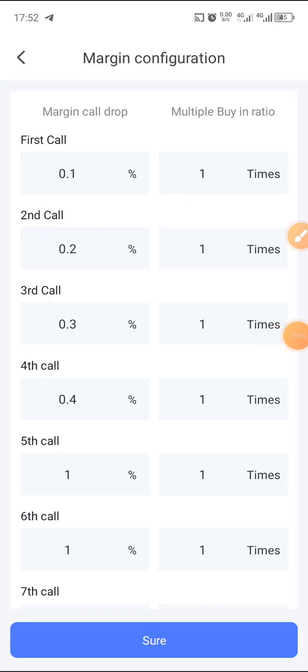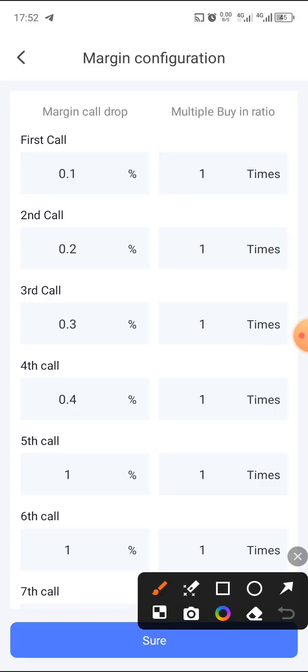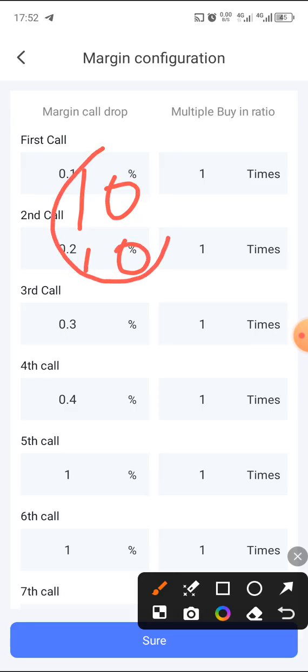I'm trying to look for the easiest way to distribute this 50. Like we can say that on margin call number 1 and margin call number 2, our robot will buy using $10. 10 here. So this is 20. We are left with 30. So margin call number 3, we make it 15, and here 15.